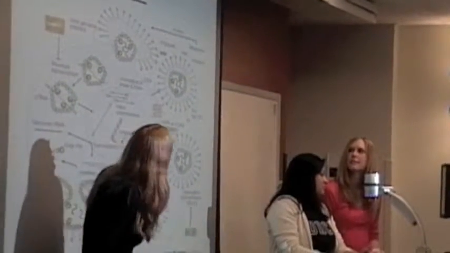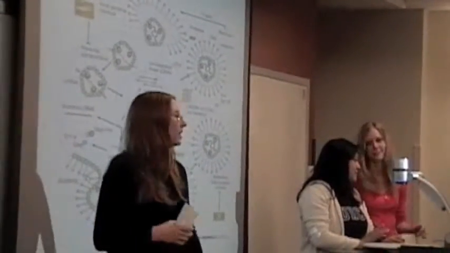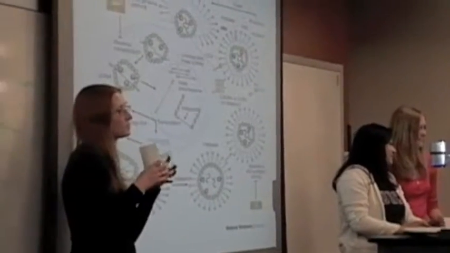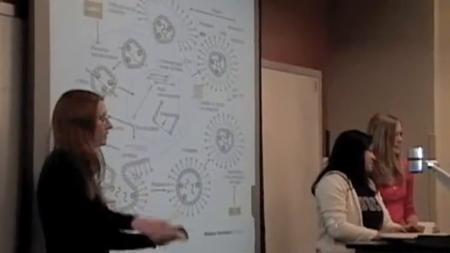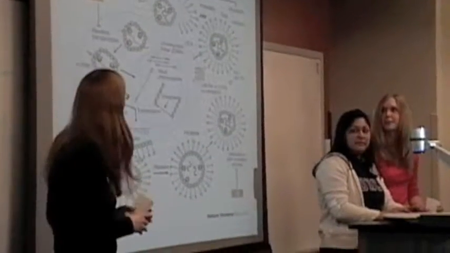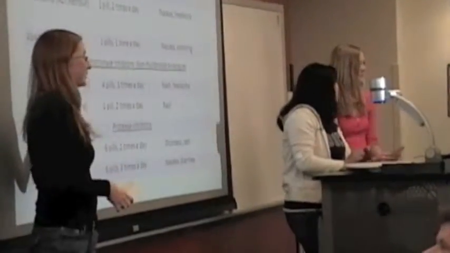And the last one is the protease inhibitors, which prevent the virus from being able to cut up its genetic material and package it correctly, so when the viruses get shipped out, they're not as dangerous or harmful.